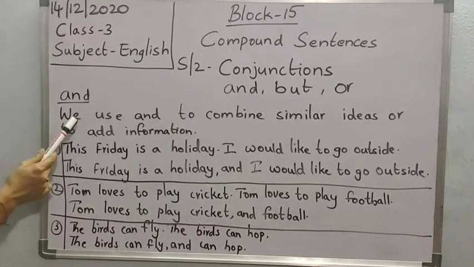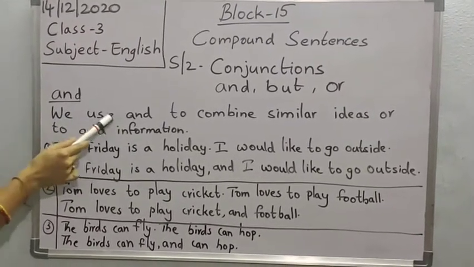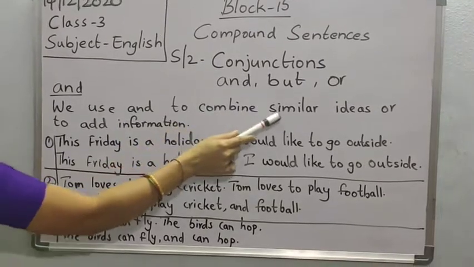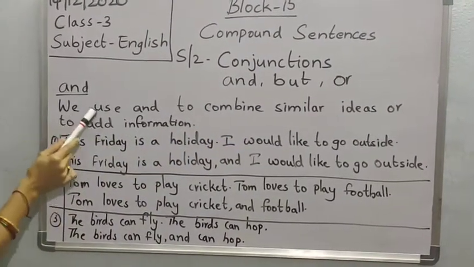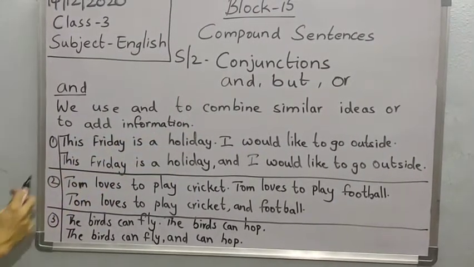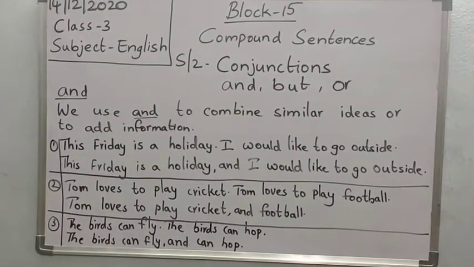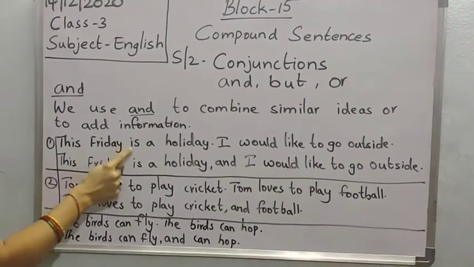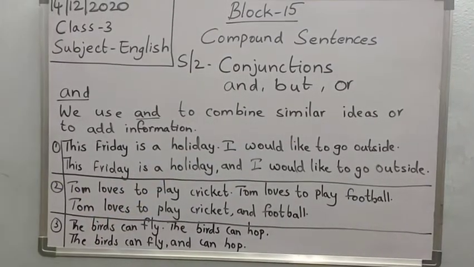So when do we use the conjunction and? We use and to combine similar ideas or to add information. See, for example, this Friday is a holiday. I would like to go outside.